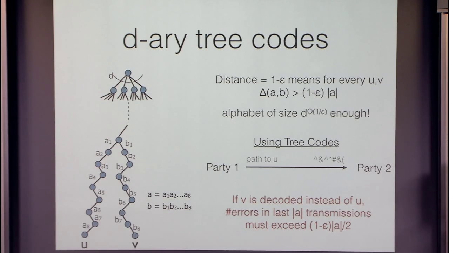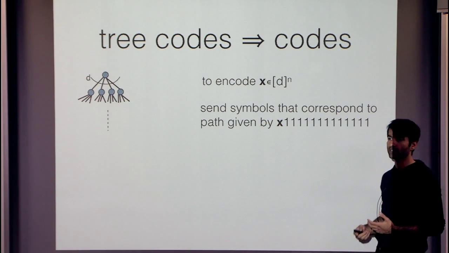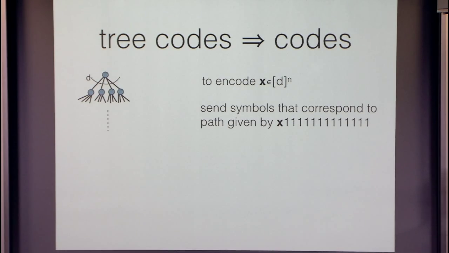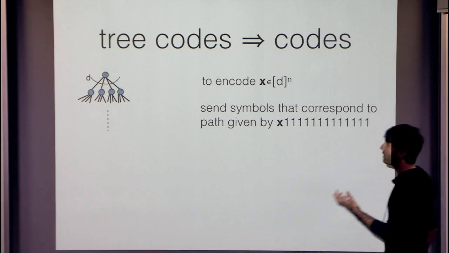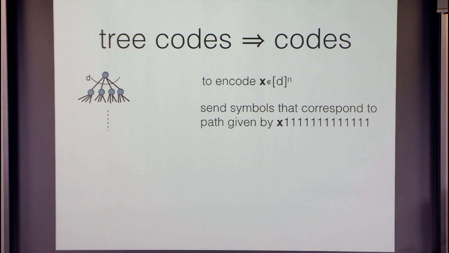Another thing I want to point out is that tree codes imply the existence of classical error correcting codes. So if you have a tree code, then you also have a classical error correcting code, and that's for example given just by this construction.